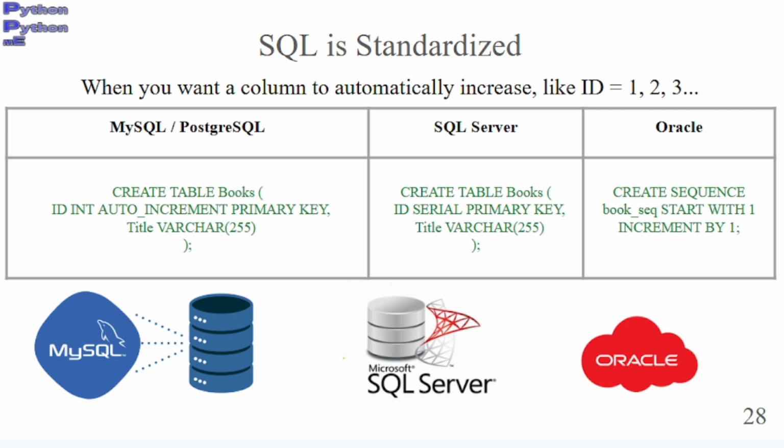So it would look like create table books, ID followed by the data type. Since we would like to auto increment, we write auto increment followed by primary key, depending on the user's requirement. That is how it would look, but the same can't be said across different platforms. You can see that the command varies. I hope you understood what I was trying to deliver.